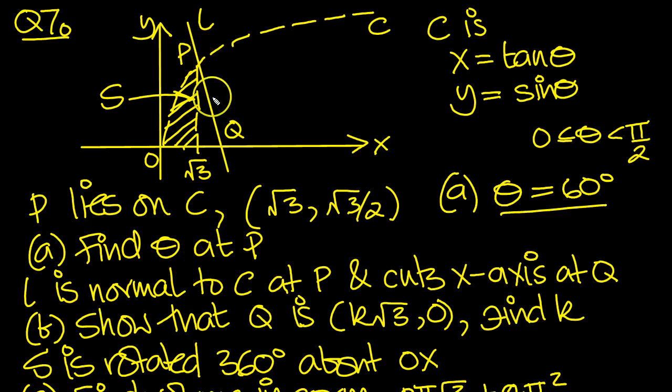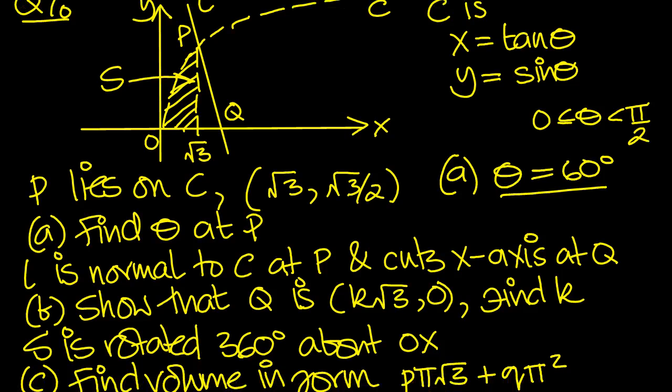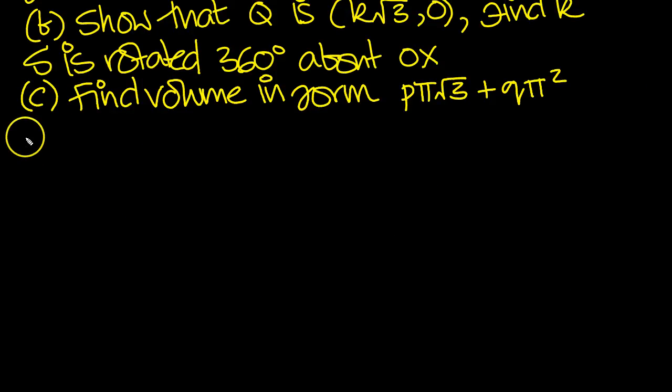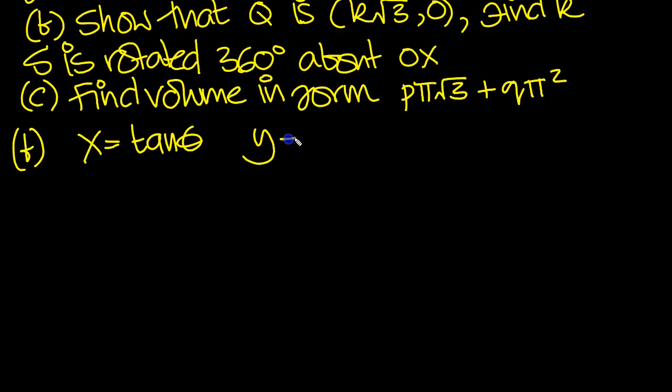L is normal to C at P and cuts the x-axis at Q. Show that the point Q is k root 3, 0 and find k. So we've got a normal at P when theta is 60, and there are our parametric equations, tan and sine. This is part B now: x equals tan theta, y equals sine theta.